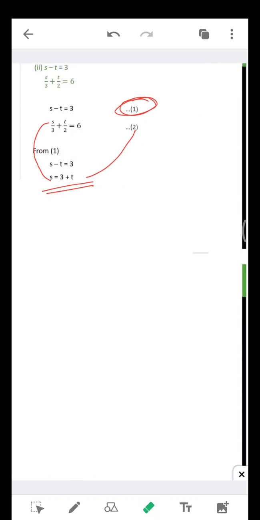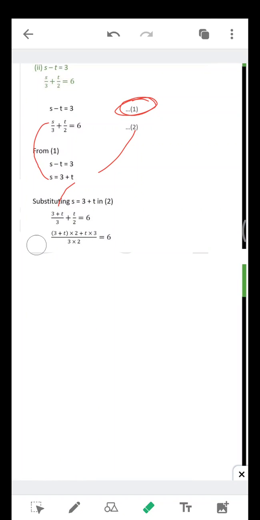So let's see how to substitute the value. Substitute this in equation 2. This is our equation 2. In place of s, you can clearly see here, I am putting 3 plus t. s by 3 is not there now. It becomes (3 plus t) by 3 plus t by 2 is equal to 6.